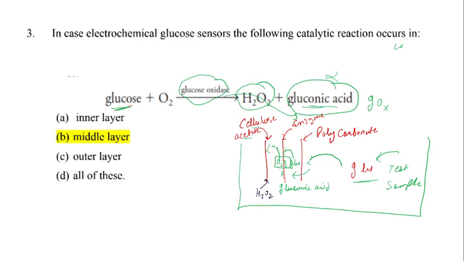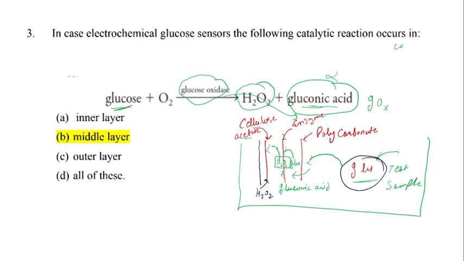Finally, this H2O2 will come in contact with your electrode, and your electrode will sense how much H2O2 is coming, and on the basis of H2O2 it will give a reading of how much glucose is there.